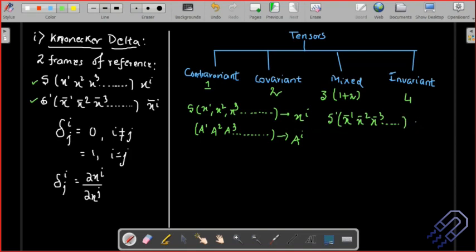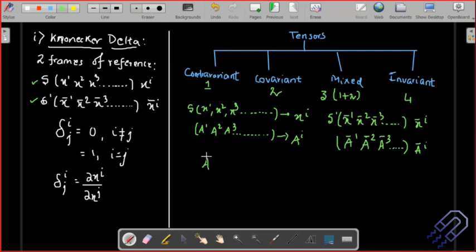And in this frame, any component may be represented as x bar i, and the components may be a bar 1, a bar 2, a bar 3, and this is a bar i. Okay, so that's how we take it. I'm just taking the components separately, and if you want to go from one system of transformation to another, that means from the prime frame to the unprime frame, or unprime frame to the prime frame, we can do it.